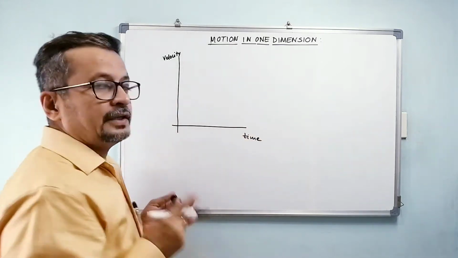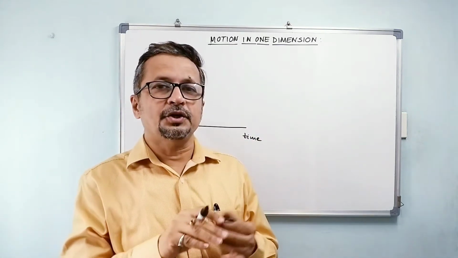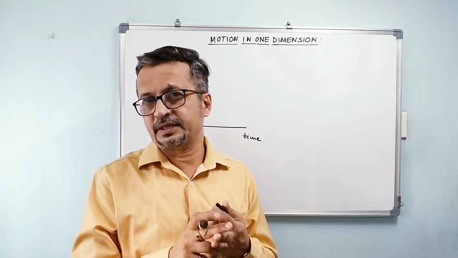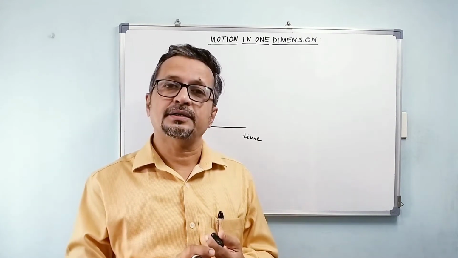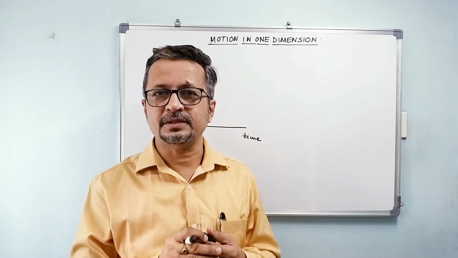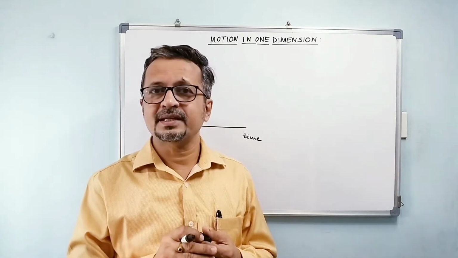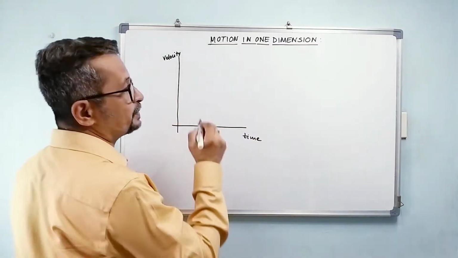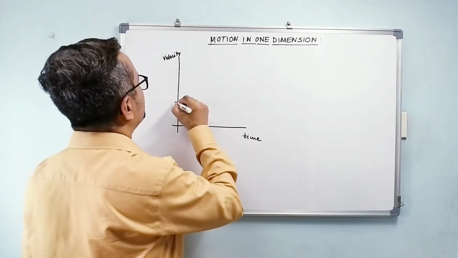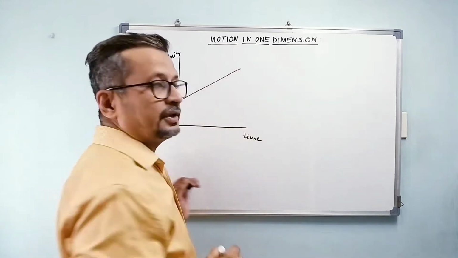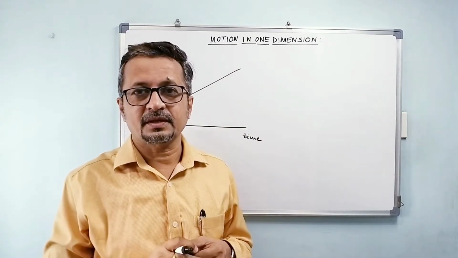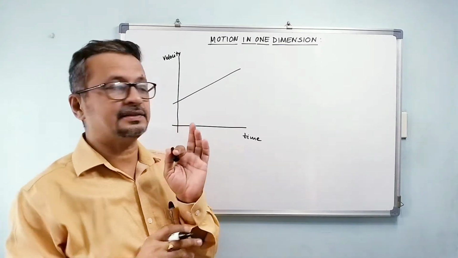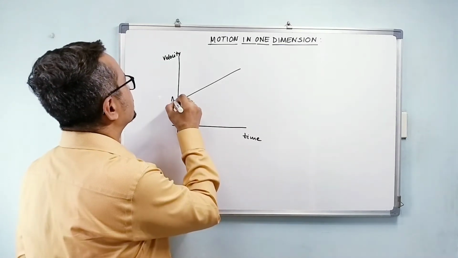As we have seen earlier, u is the initial velocity, v is the final velocity, t is the time taken, the time interval, s is the displacement, and a is the acceleration. So if I have those parameters in mind, my graph would be something like this. It is a straight line cutting the y-axis, that is the velocity axis, at point A here.